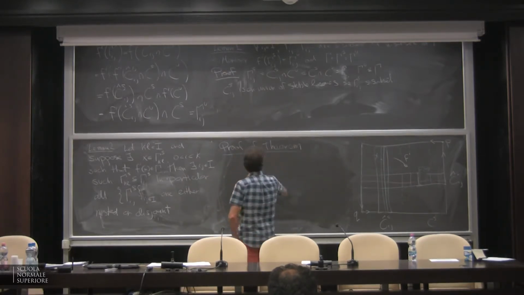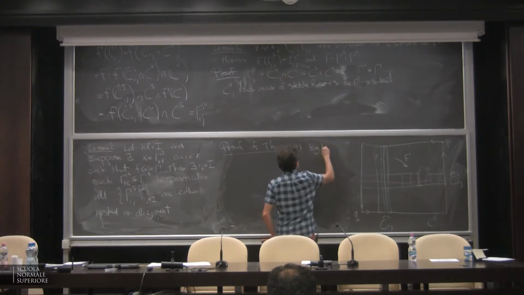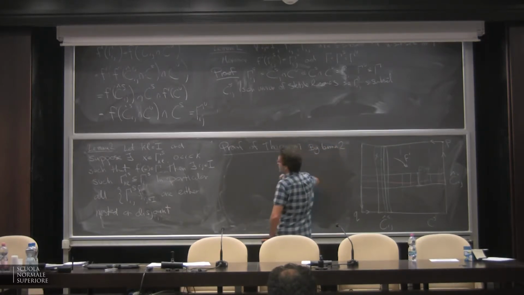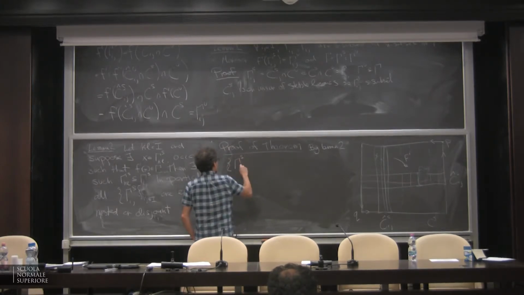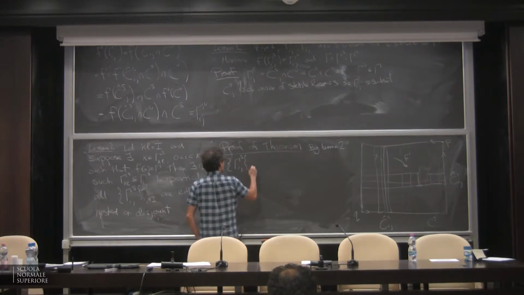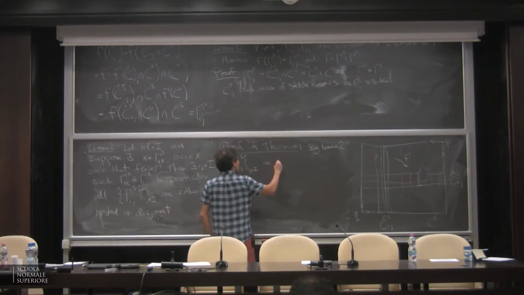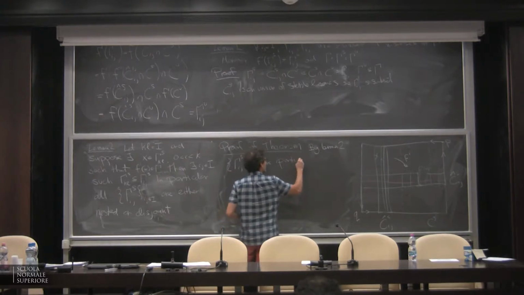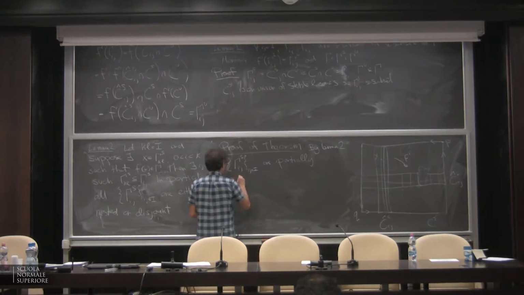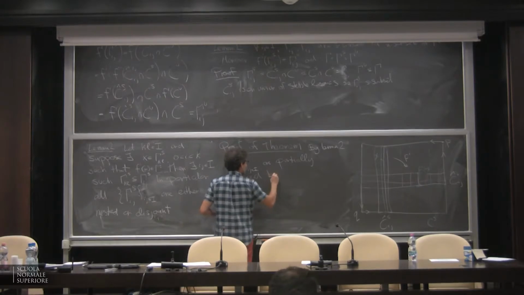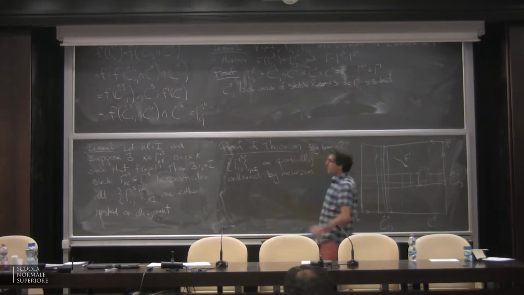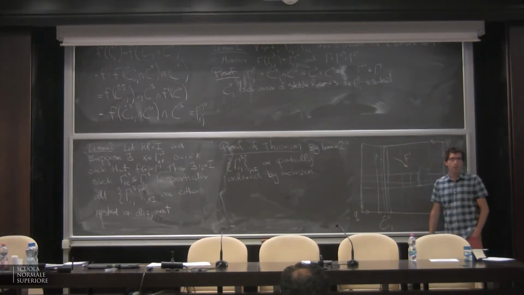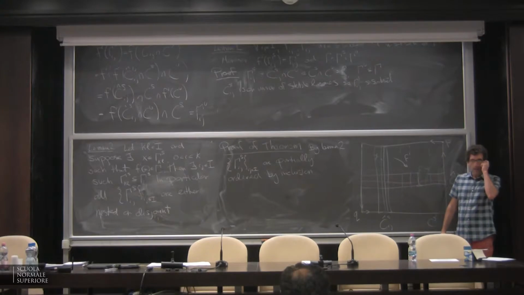So by lemma 2, the set of all gamma S_ij are partially ordered by inclusion. Because we just said they're all either disjoint or they're included in each other. And therefore, we can take a maximal set.